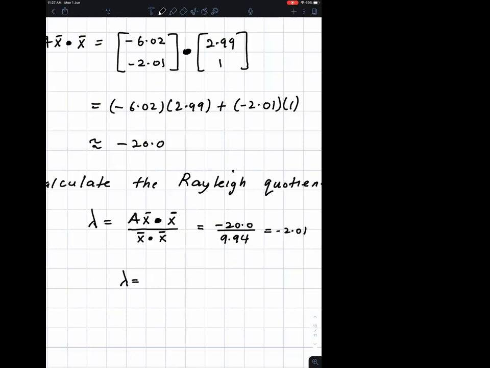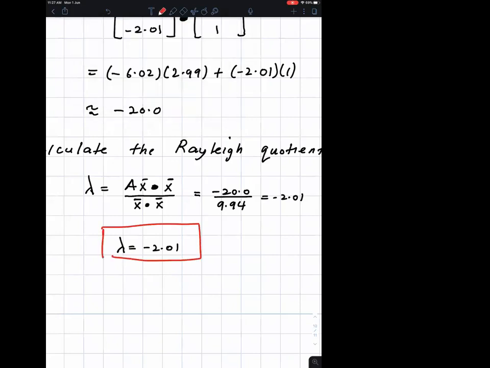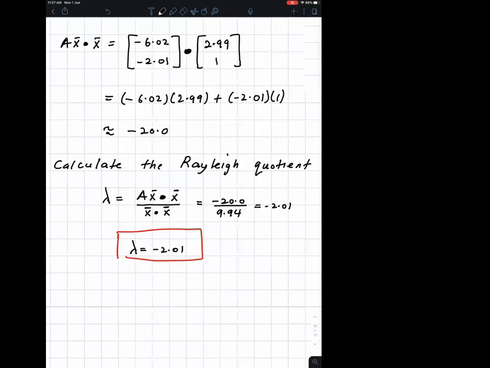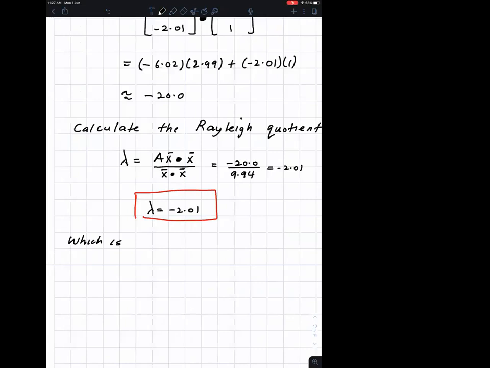So lambda is minus 2.01, which is a good approximation of the dominant eigenvalue.